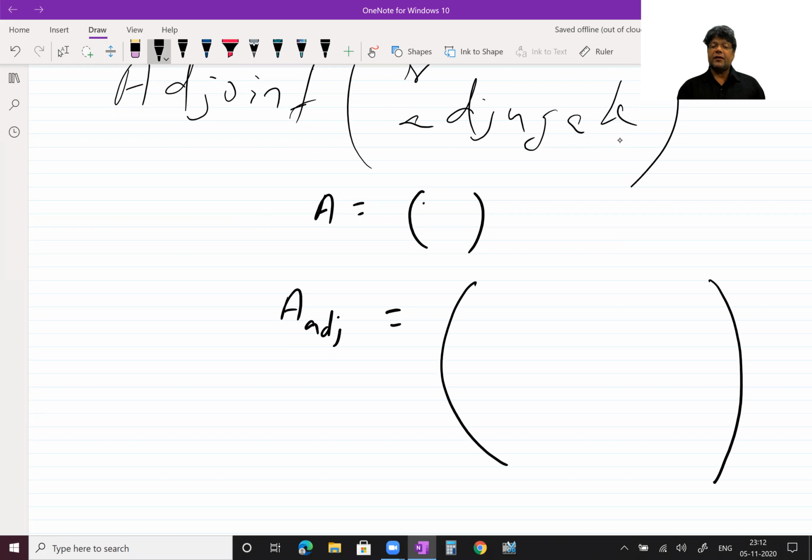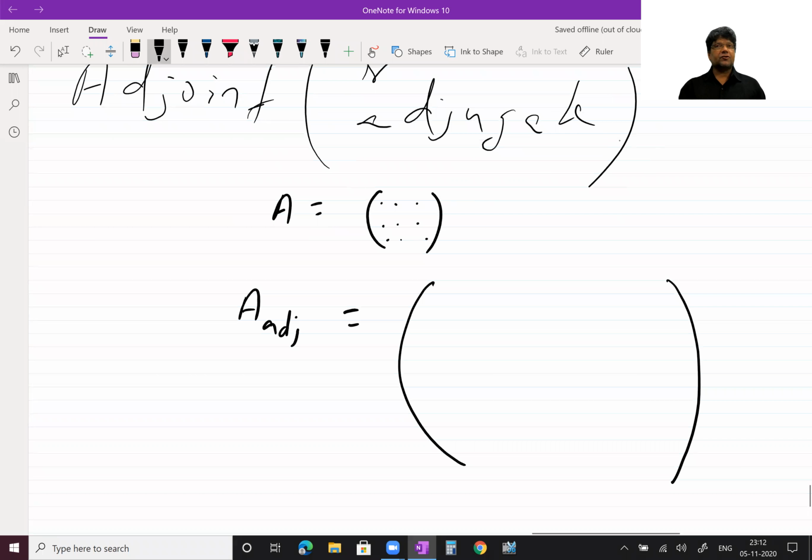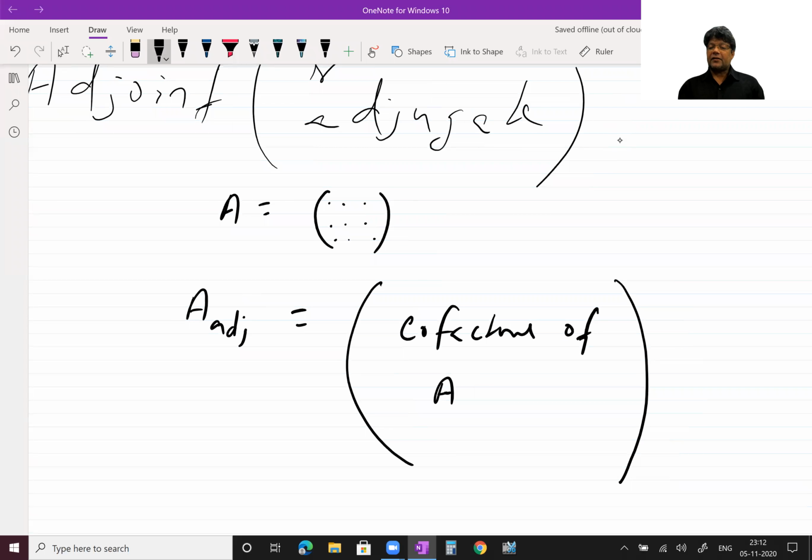This matrix A is given. So you are to write down the cofactor of each and every element of this matrix A. So in short, I am writing cofactors of A. Clear for your understanding? Informal language, guys. Cofactors of A and then its transpose. That will be adjoint.